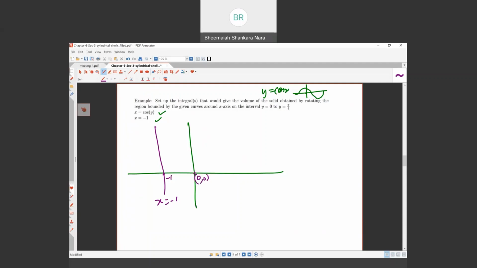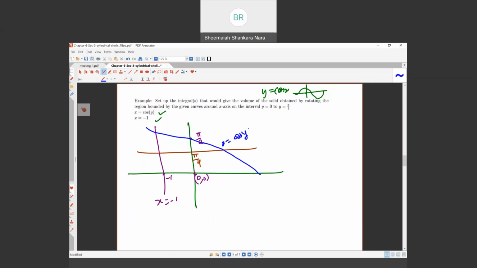At 0, say the value of the curve is pi over 2. And here we have the pi over 4 line. So here is the cosine curve, which means the x-axis. So this is the x equal to cosine y curve.